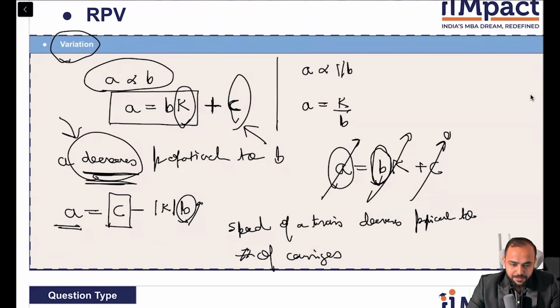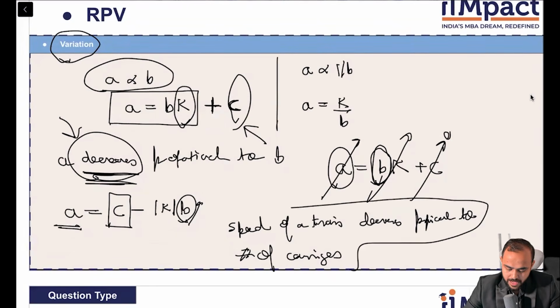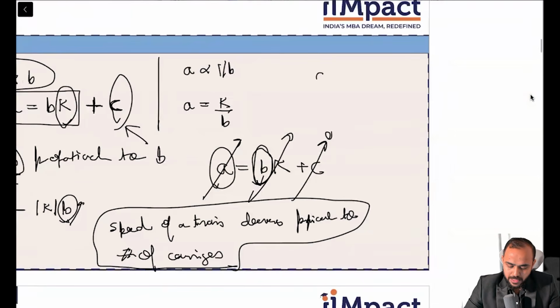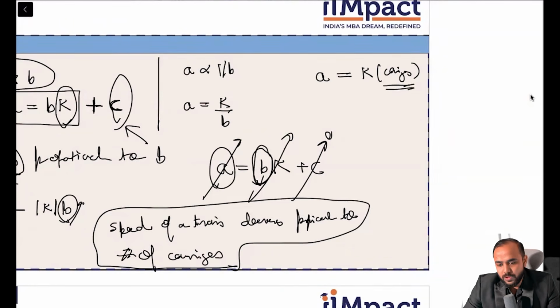So in this particular scenario where I'm saying the speed of a train decreases proportional to the number of carriages, if you had assumed that the speed is k times the number of carriages, are you not saying that when I put the number of carriages as 0, then the speed will be equal to 0, which makes no real sense.